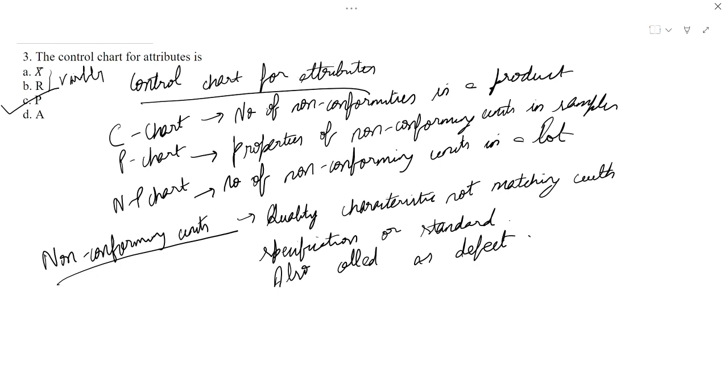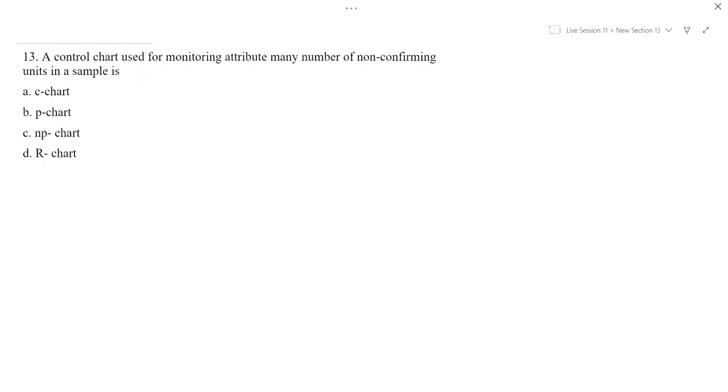Here the question asks about the number of non-conforming units in a sample, so the correct answer is NP chart.